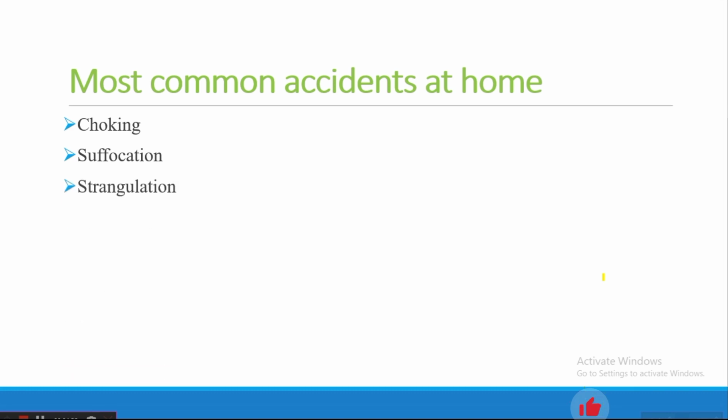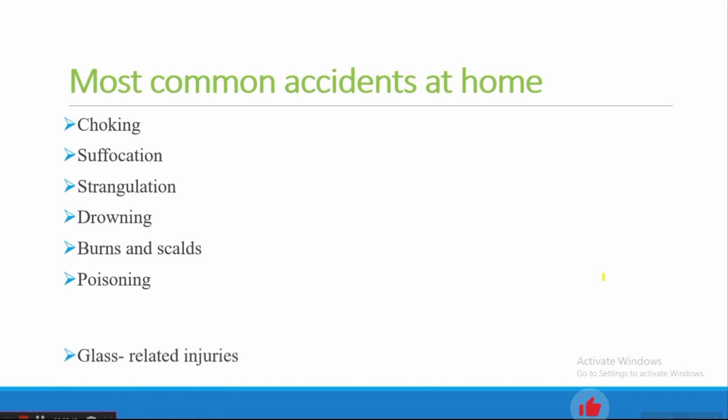And then you have strangulation, drowning, burns and scalds. Then poisoning. This can be in form of disinfectants taken in the home, hand wash, gels, and then you can also have glass related injuries. Let's look at one of them, choking.